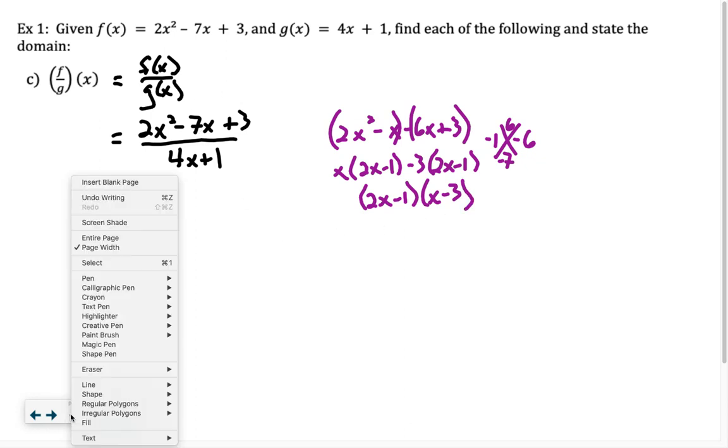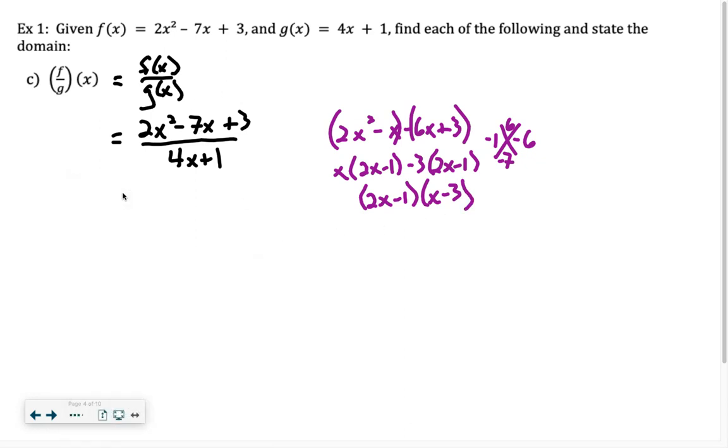So if I put that back in here, we can see that nothing will cancel. None of these factors are the same as the denominator, but we still need to check that.